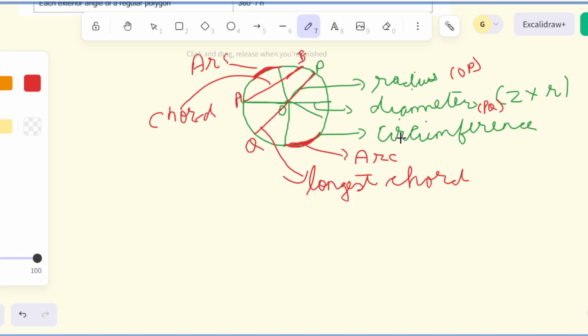Any chord which passes through the center of the circle is known as the diameter, which is two times the radius. The rest of the things like sector and segment I will explain once we do that topic. As of now, we should know what these basic terminologies mean.